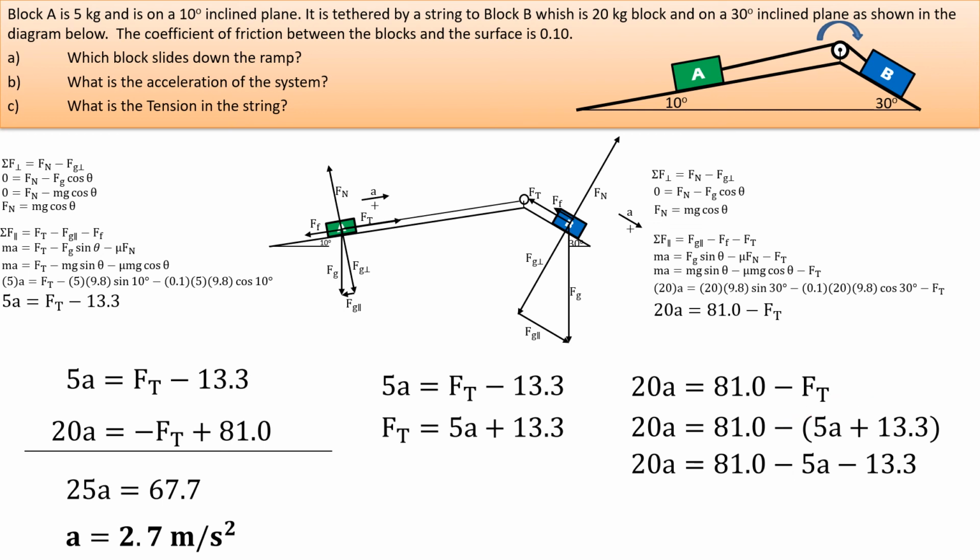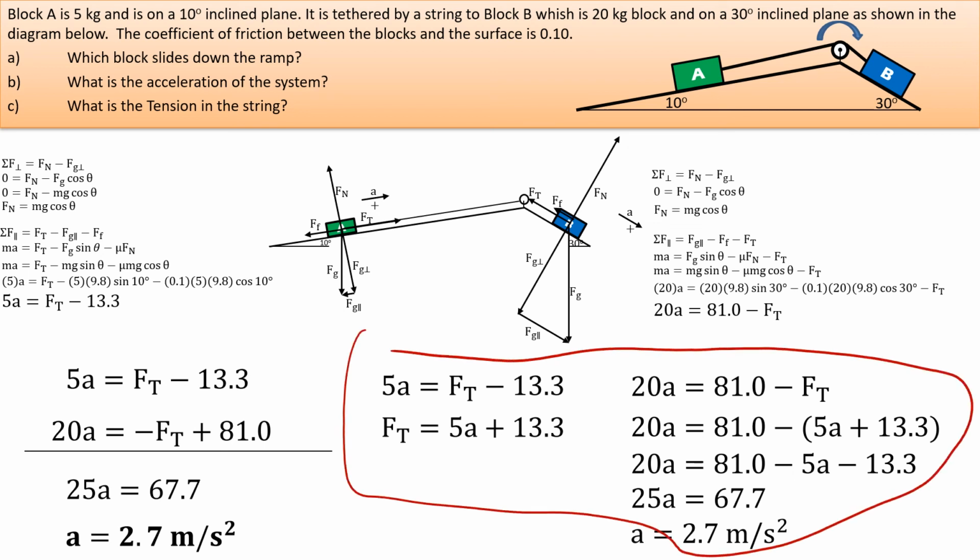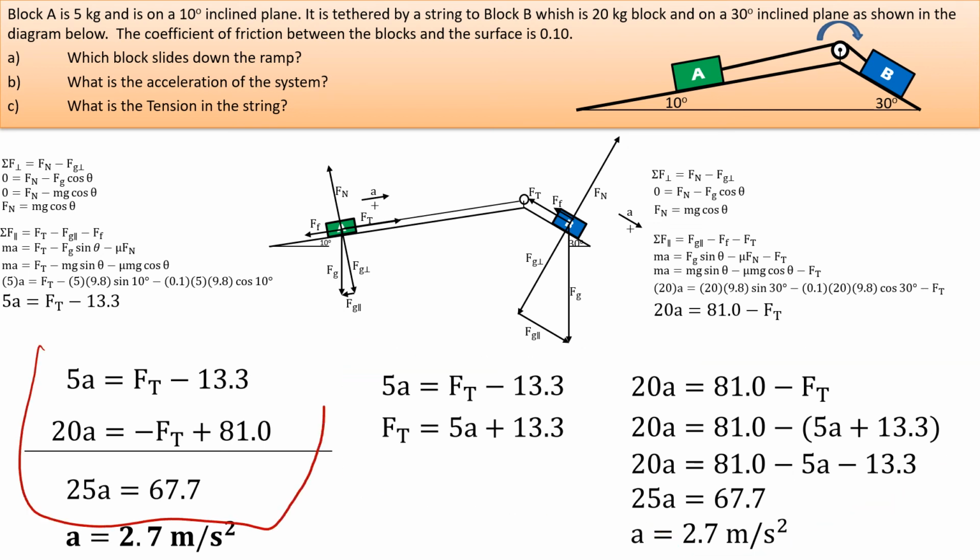Then you combine like terms. So you add 5a to both sides and you get 25a. And then you do 81 minus 13.3 and you get 67.7. And then you just divide, and it's the same answer, 2.7 meters per second squared. You don't have to do it this way. I'm just showing you that adding the equations works, in case you haven't done that in a while or have never seen that.